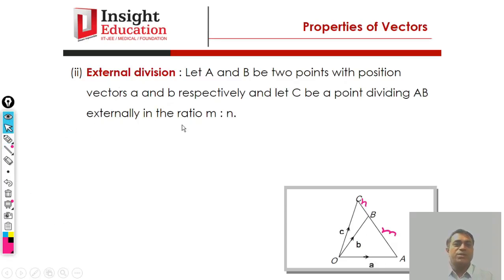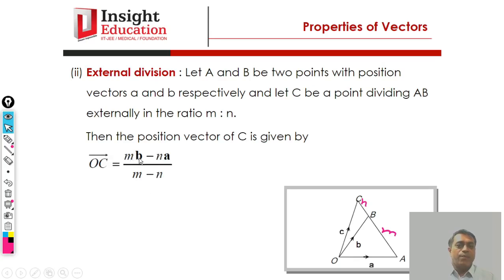Okay, so external division, same in the ratio of M is to N. So I can write MB minus NA upon M minus N. So if it is divided externally, then minus. If it is divided internally, then plus.